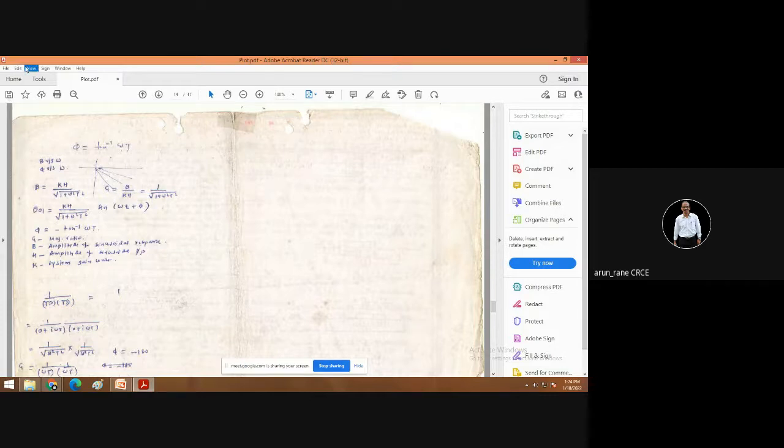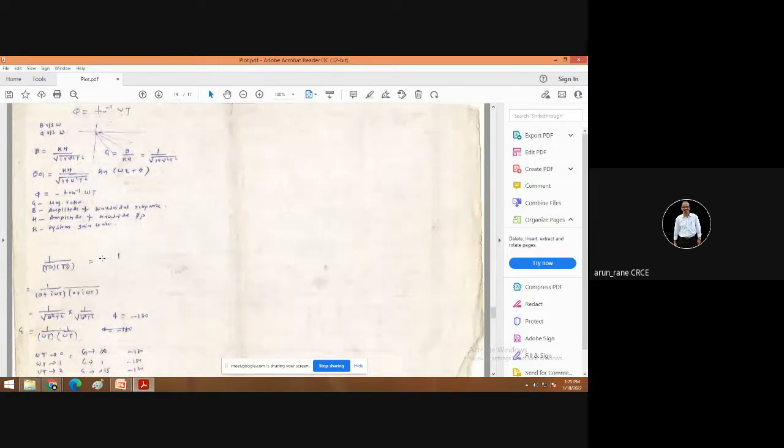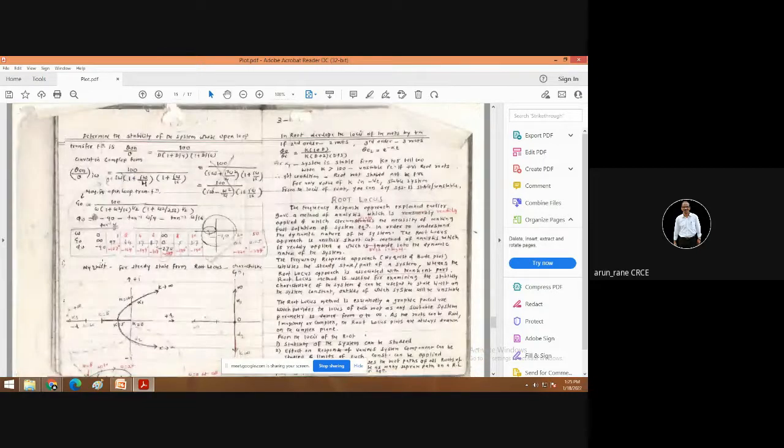I can also draw the graph of phase angle against omega and graph of G against omega separately. We know this phi and G. But in polar plot, we are superimposing.